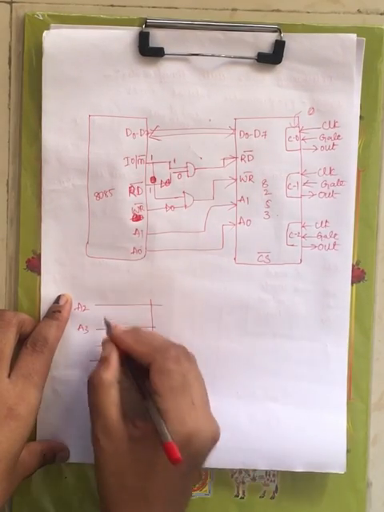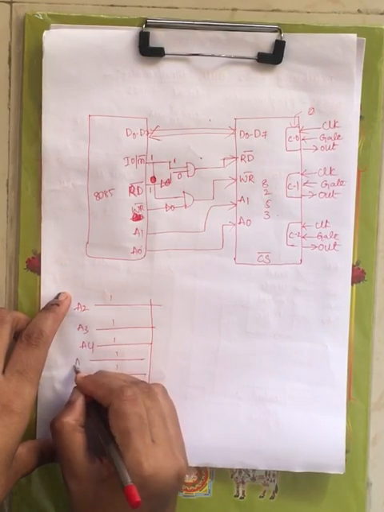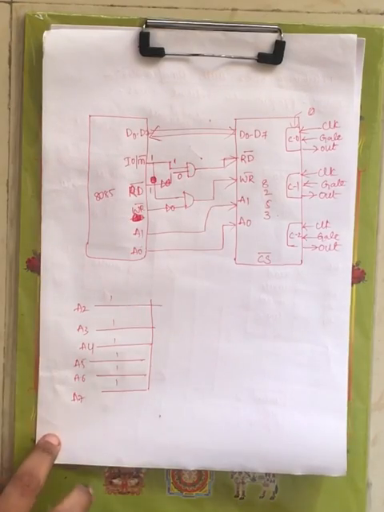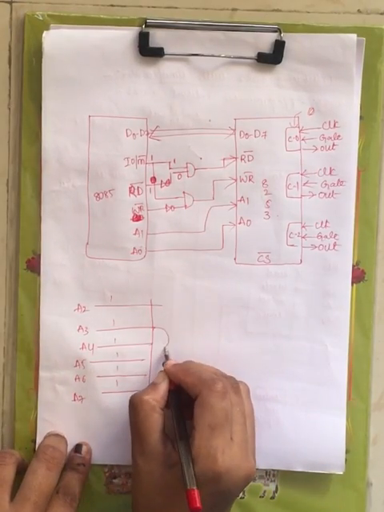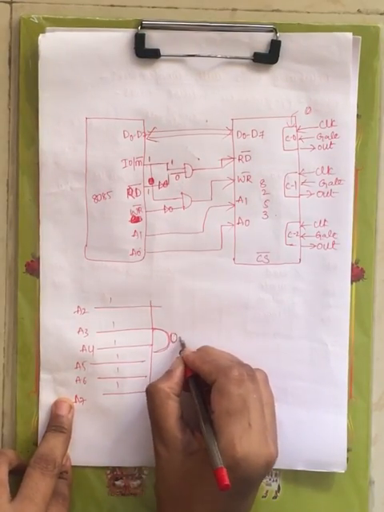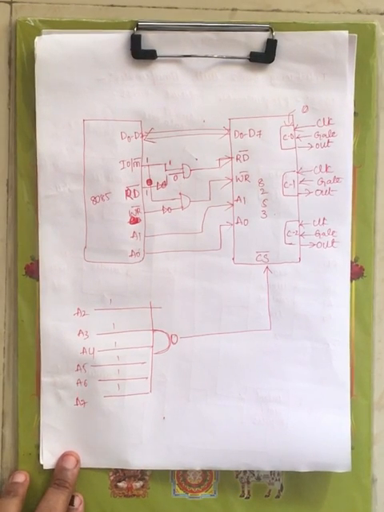All these are active high. Now they are NAND gated, 1 with 1 gives 1 in AND, because chip selection should be 0 in order to operate. Now this is the interfacing of 8085 with 8253.